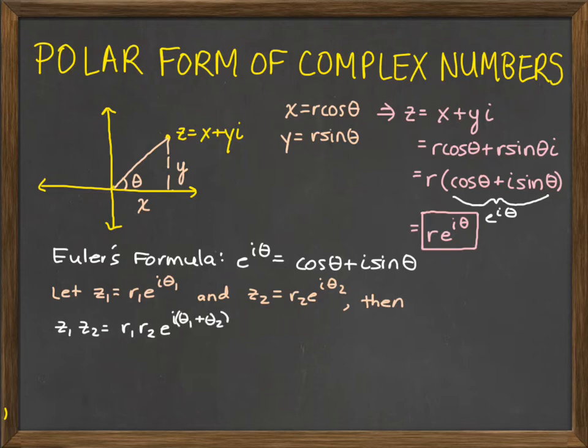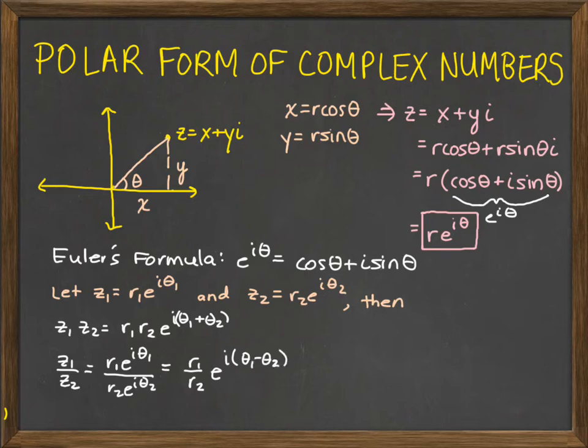What we did was add the exponents because we're using multiplication. Now if we're trying to divide z1 by z2, that's equal to r1 e to the i theta 1 over r2 e to the i theta 2. We subtract exponents whenever we're dividing. So we still have r1 divided by r2, but since we have the same base e, we subtract the exponents. So we get i times theta 1 minus theta 2.